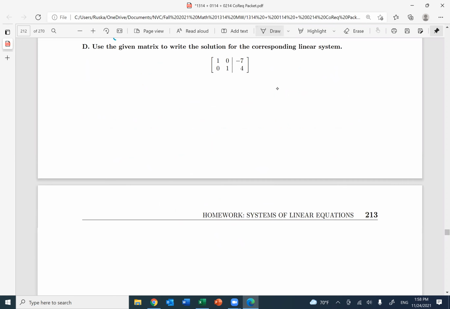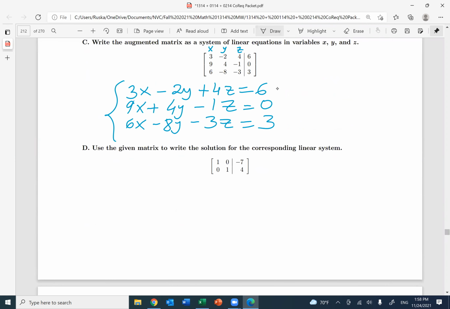And then the last question we have for today and for this semester is we use the given matrix to write the solution of the corresponding linear system. So how are you going to do that? You're going to change this matrix to a system. We write the number in front of X and the number in front of Y. So we have 1X plus 0Y, there's no Y, equals -7.